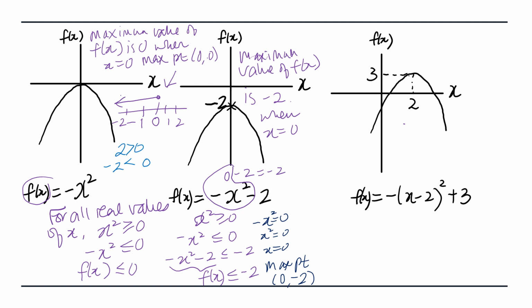We start off by saying for all real values of x, x squared will be more than or equal to 0, and hence (x minus 2) squared will be more than or equal to 0 also, right?